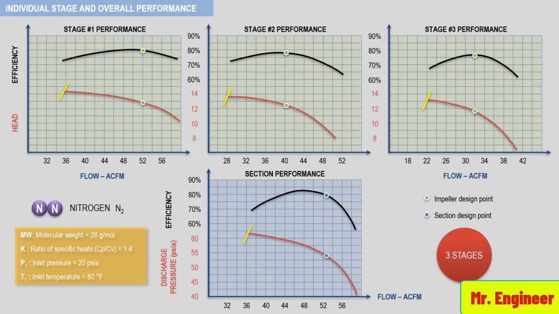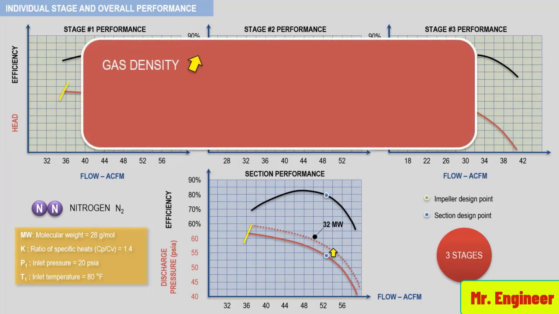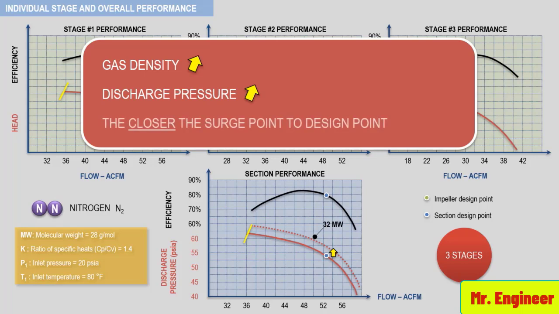The head capacity curve corresponding to the new gas of the section performance curve will look like this. So, as you can see, the greater the molecular weight, or in other words, the greater the density of the gas, the greater the discharge pressure, and the closer the surge point to the design point.